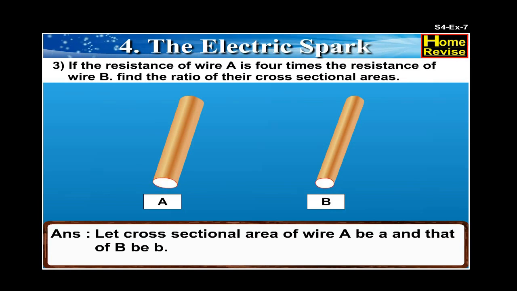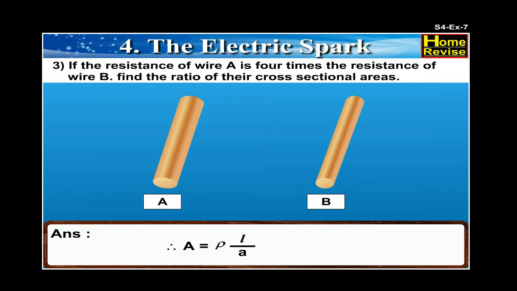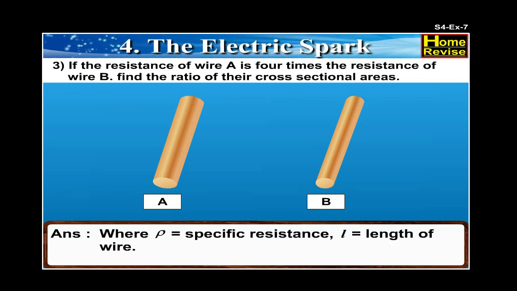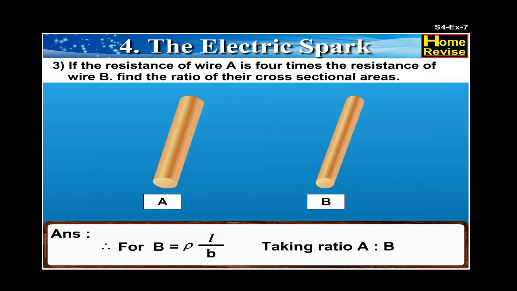Let cross-sectional area of wire A be small a and that of B be small b. Therefore, RA is equal to rho L upon a, where rho is equal to specific resistance and L is equal to length of wire. Therefore, RB is equal to rho L upon b.